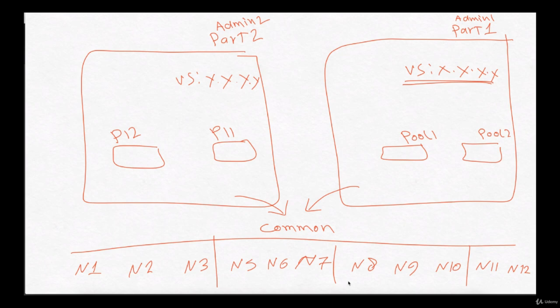So each admin 1 is manager on partition 1, can do whatever he wants, pools, virtual servers, and admin 2 is also manager on partition 2, and he can create his own pool, his own virtual servers, etc., etc.